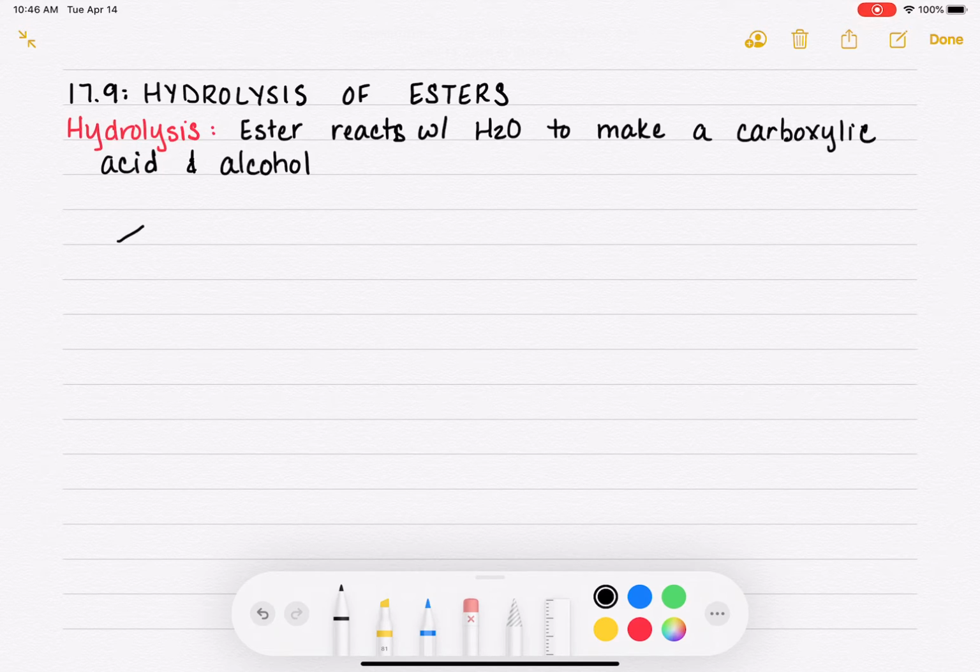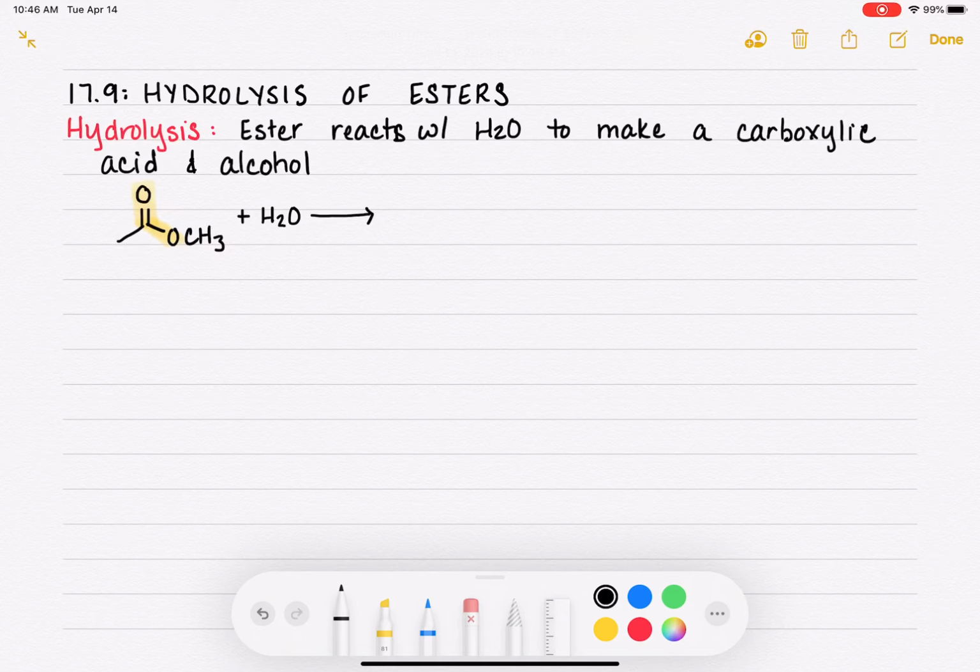So let's start with the generic ester. I'm drawing a little tiny ester, but this could be an ester of any size. And remember, the characteristic of an ester is it has this carbon-oxygen double bond with an oxygen, and that oxygen has a carbon chain hanging off of it, not a hydrogen. We need to react the ester with water, so it's plus H2O, and there needs to be an acid catalyst.